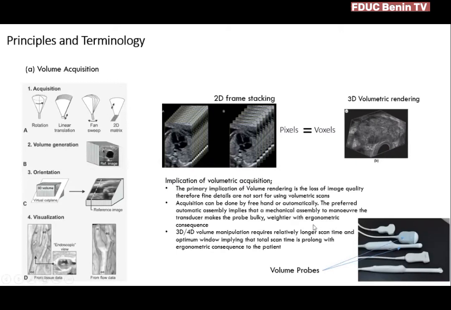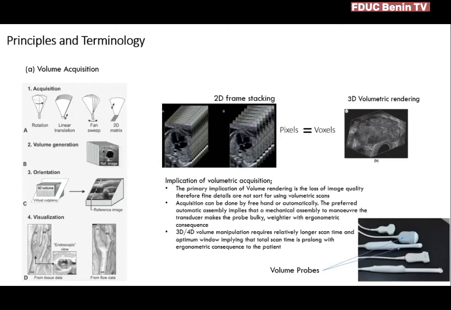And this has an ergonomic consequence. It means that, one, the operator might feel a lot more stress on the shoulder, on the arm that he or she uses to scan, just because of the weight of the probe. I know a lot of companies are trying to work on the weight to produce more lightweight volume probes.